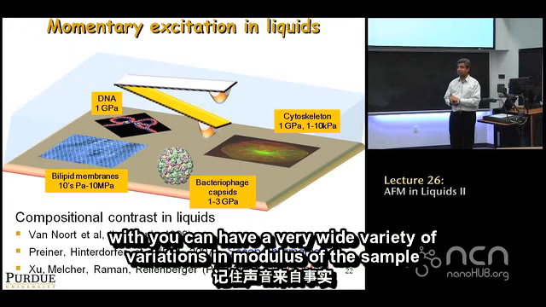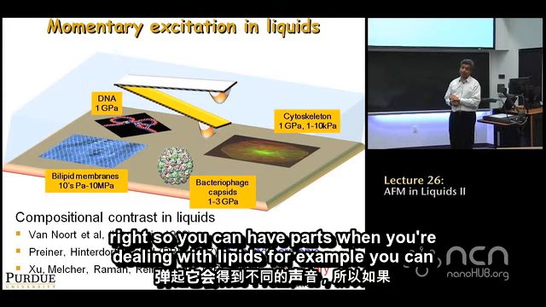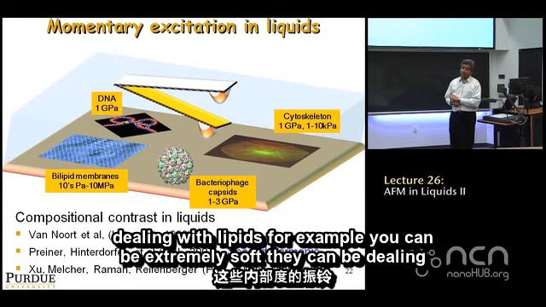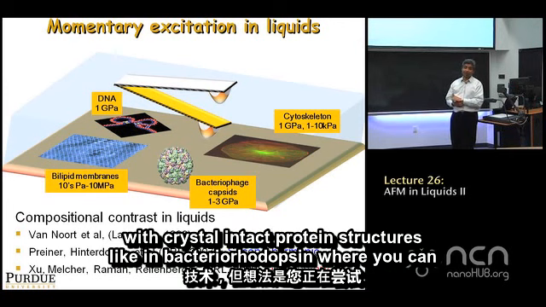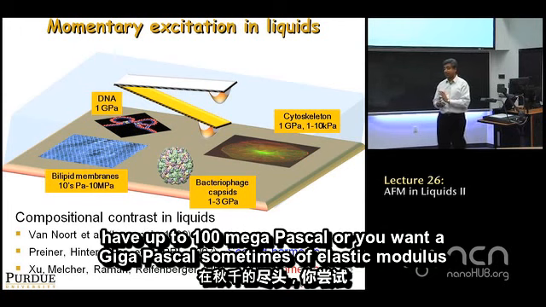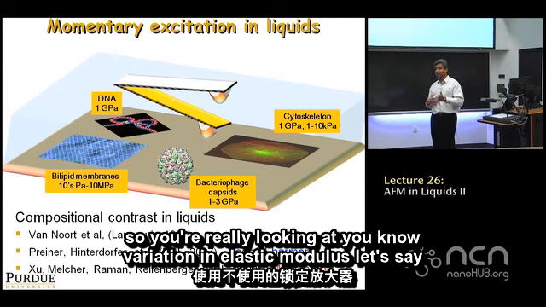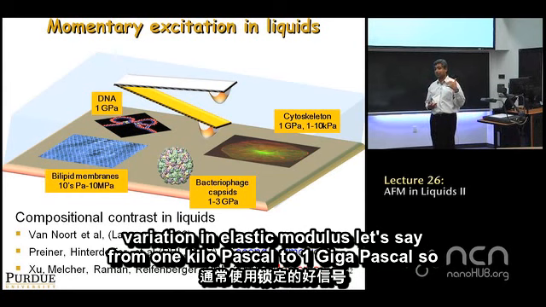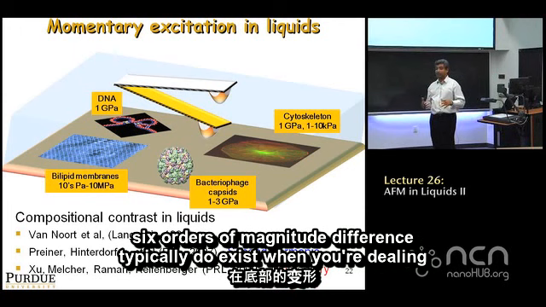When you're dealing with lipids, for example, they can be extremely soft. You can be dealing with crystalline packed protein structures, like in bacteriorhodopsin, where you can have up to 100 megapascal or even a gigapascal sometimes of elastic modulus. So you're looking at variation in elastic modulus, let's say from 1 kilopascal to 1 gigapascal. So 6 orders of magnitude difference typically exist when you're dealing with biology.